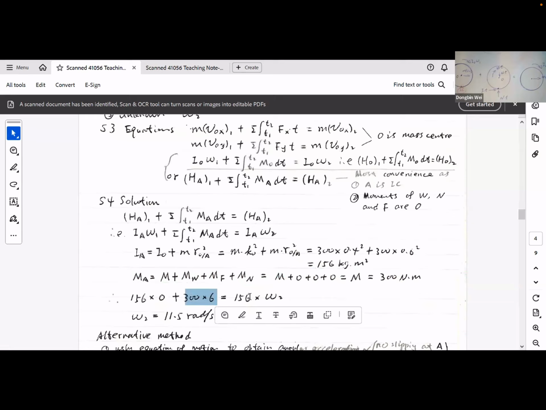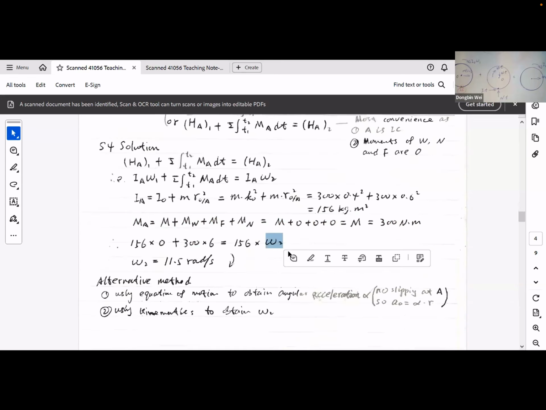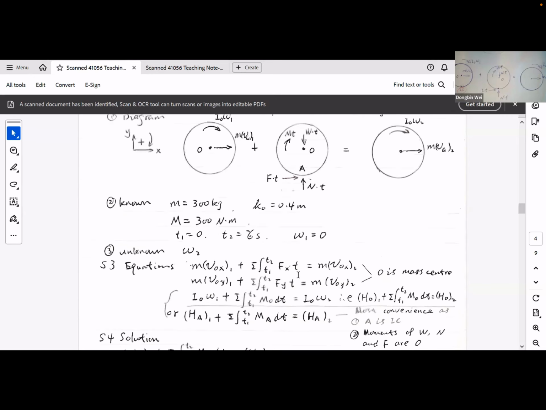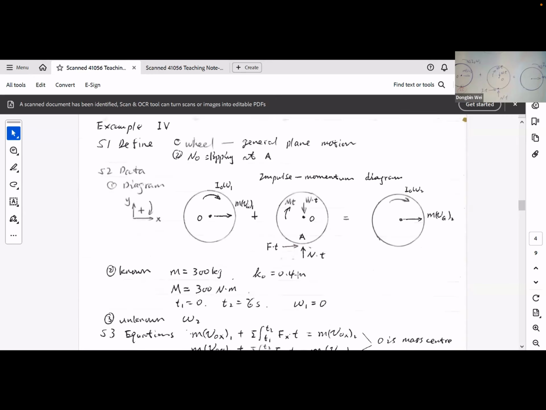And then you can see you only have one unknown parameter, omega 2, and this can be worked out. Again, omega is a vector, so not only magnitude but also direction should be indicated. So that's the full solution of this problem using the principle of angular impulse and momentum.